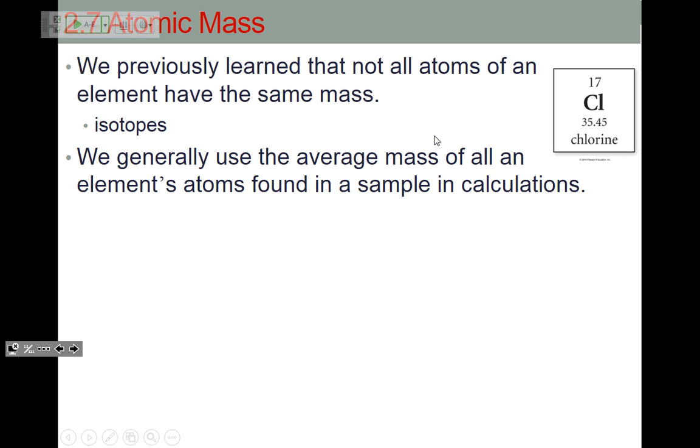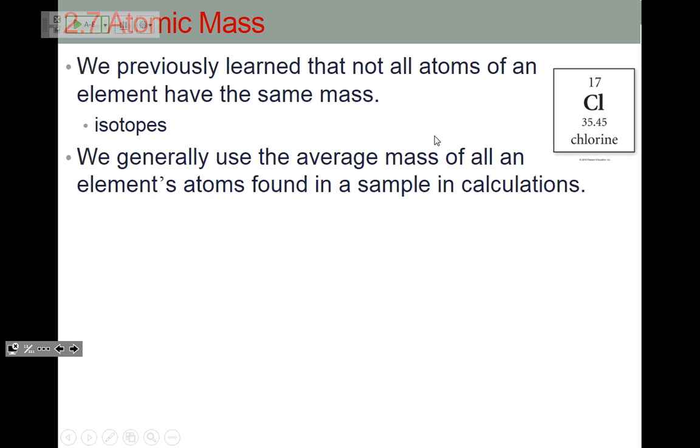So we generally use our average mass of an element's atoms for our periodic table, which is why none of the elements on the periodic table have just a whole number. And even the ones that have close to a whole number, we still show at least 2 decimal places, depending on the periodic table. Some periodic tables show more than 2, but most of them show at least 2 decimal places. And that's to specify our isotopes and the abundance.